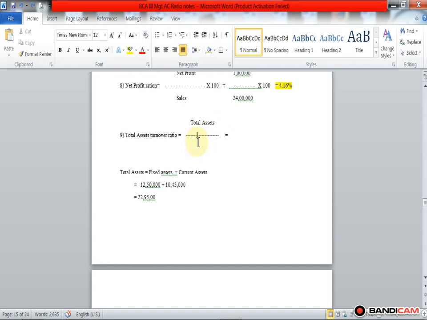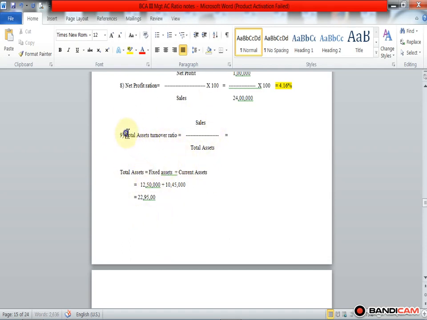So here divided by, sorry, total assets, and here is the sales. We find the relationship between sales and total assets. So sales, net sales or sales. So we easily find out the relationship between total assets and turnover.